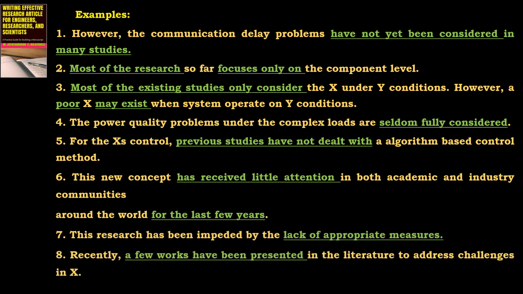Most of the existing studies only consider the X under Y conditions. However, a poor X may exist when the system operates on Y conditions. 4. The power quality problems under the complex loads are seldom fully considered. 5. For the X's control, previous studies have not dealt with an algorithm-based control method.